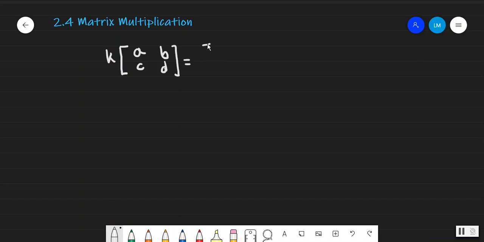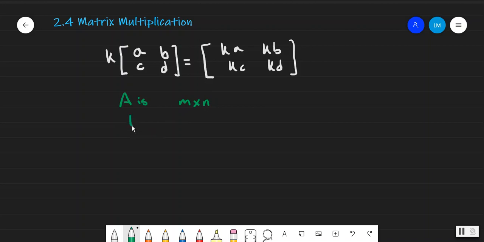So we have that this would be k times a, then k times b, and then k times c, and then k times d. Now basically all that says is that you can take any constant k. So if you have that A is m by n, whenever we multiply the constant k times A, this is still an m by n matrix.